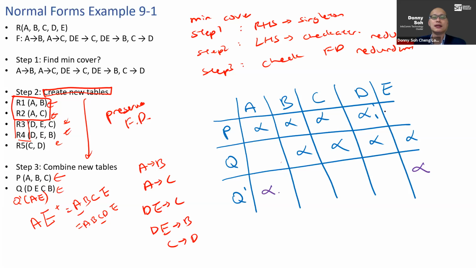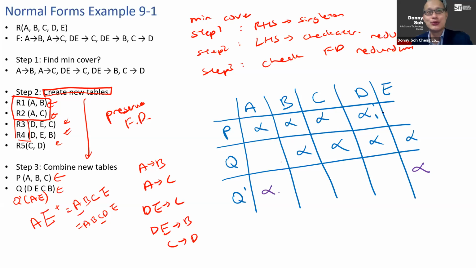If it is lossy, what we do is we find out the primary key of the original table, and then we add in the primary key as another new table. The overall idea is that if you have the primary key as a table, you can just join everything, and then you will get back the entire table. So definitely you can get back.